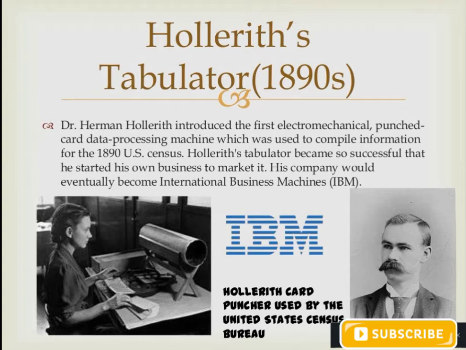The Hollerith Tabulator became so successful that he started his own business to market it. His company would eventually become International Business Machines, known as IBM. At the bottom, you can see the Hollerith card puncher used by the United States Census Bureau.